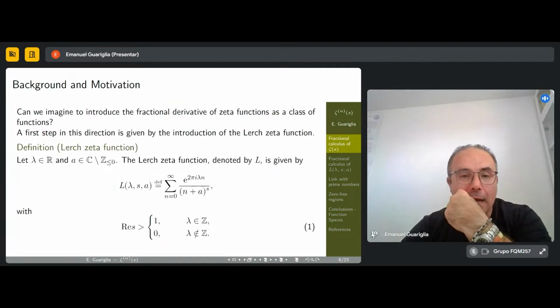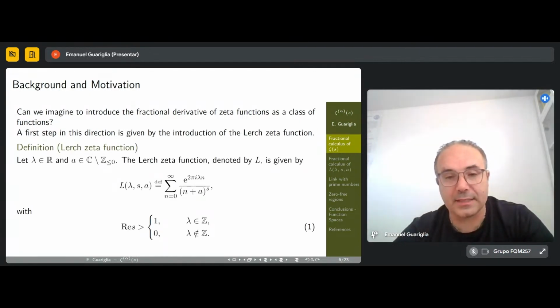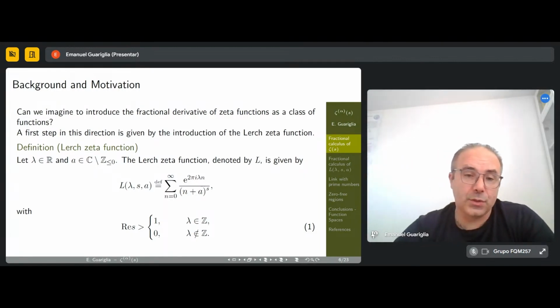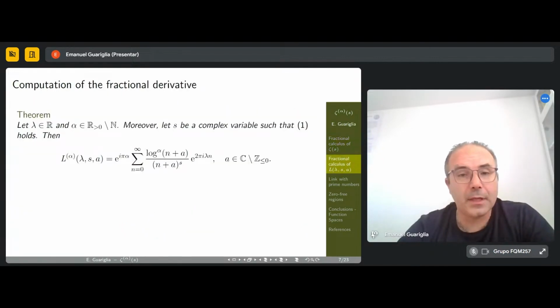Well, we can treat the case of the Lerch zeta function. The Lerch zeta function somehow generalizes several zeta functions. So again, this is the generalization. This is a function that many of you know, in a class of special functions.